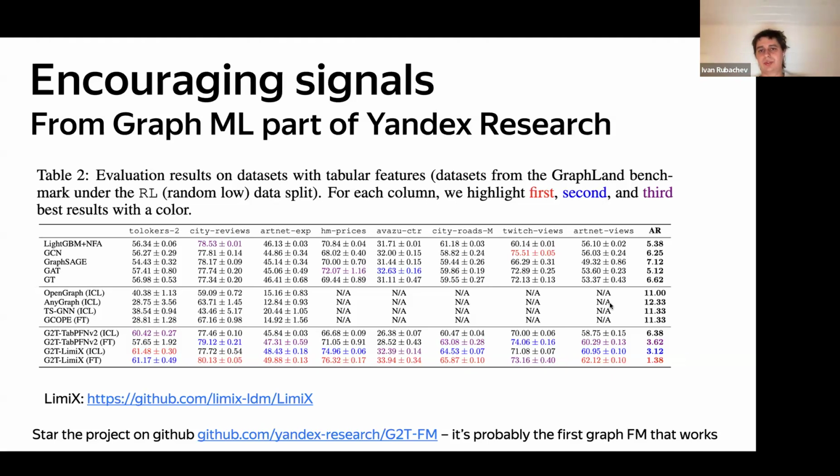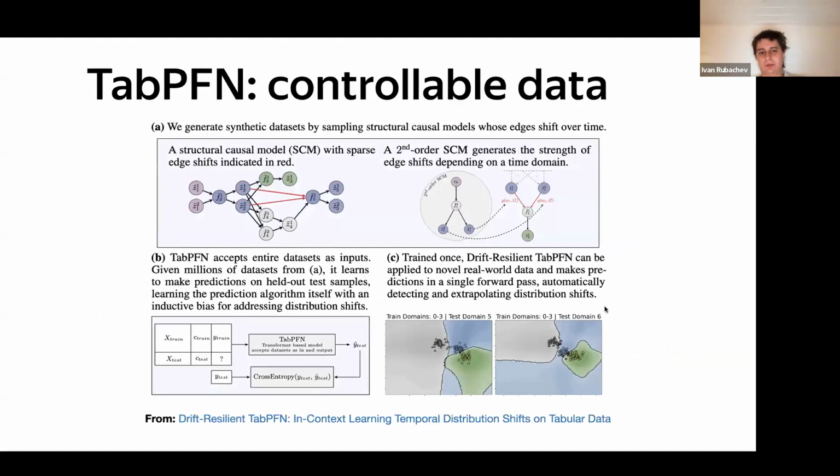Another last note here is a great paper from the lab that introduced TabPFN, Drift-Resilient TabPFN. For me, it shows that the paradigm of pre-training on synthetic data could actually be useful in general, because this paper introduces a simple trick to control the data generating process, to introduce some features that we need the model to take into account.